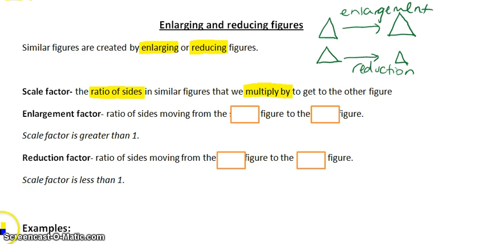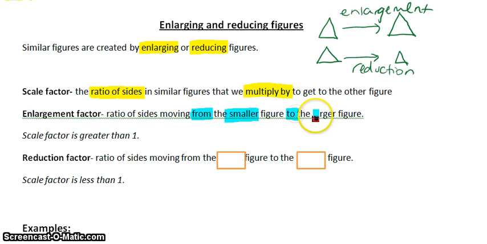Okay, and then there are two kinds of scale factors. The first is an enlargement factor. An enlargement factor is where the ratio of sides is moving from the smaller figure to the larger figure.